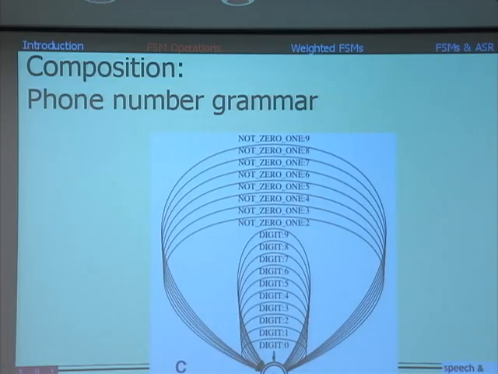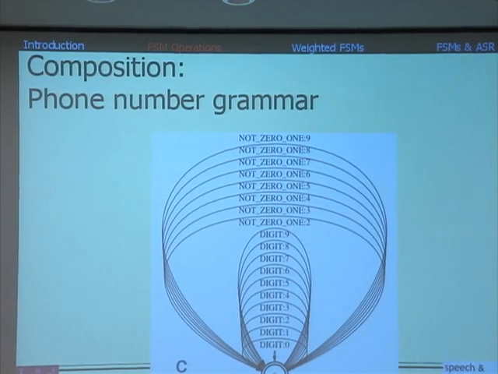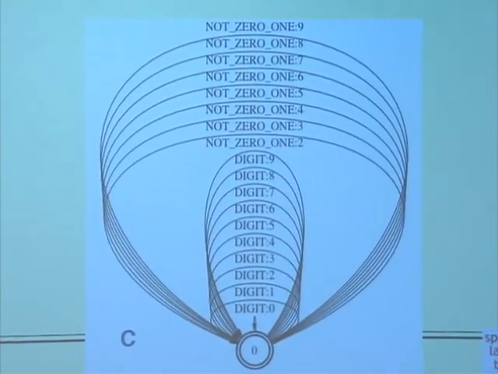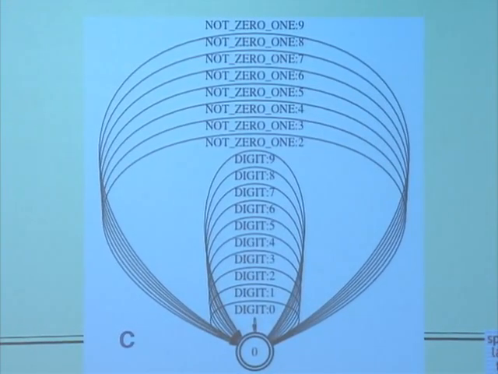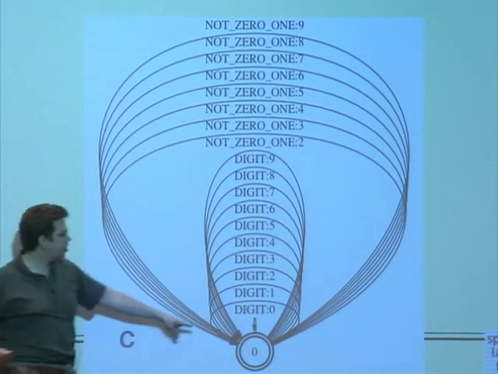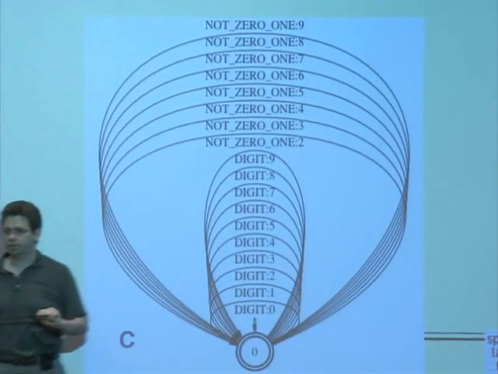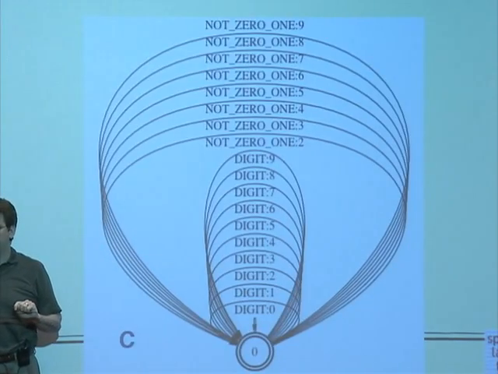Right. Now you'll notice that what I've done is created a loop that says I'm not going to talk about any of the constraints from a higher level about the form of phone numbers, right? What I'm going to talk about is the fact that digit can be realized as any one of these things, and not 0, 1 can be realized as any one of those things, okay?